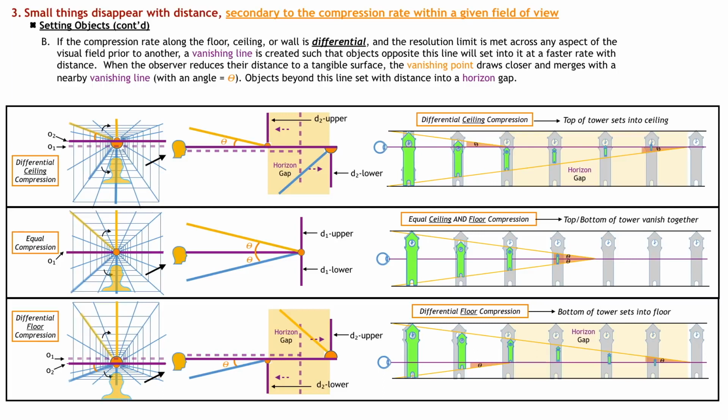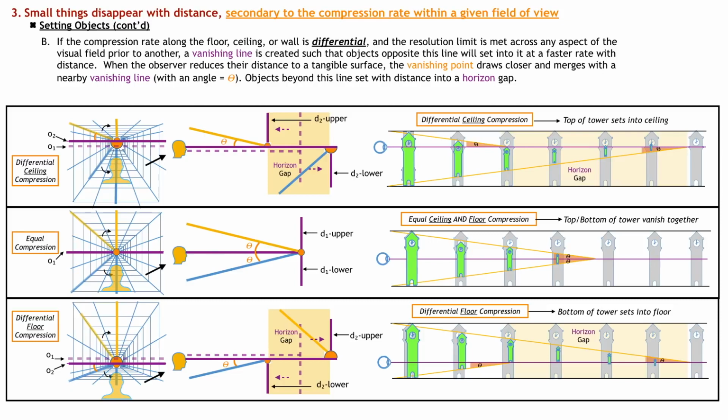So if the compression rate along the floor, ceiling, or wall is differential, and the resolution limit is met across any aspect of the visual field prior to another, a vanishing line is created such that the objects opposite this line will set into it at a faster rate with distance. So when the observer reduces their distance to a tangible surface, the vanishing point draws closer and merges with the nearby vanishing line with an angle of theta.